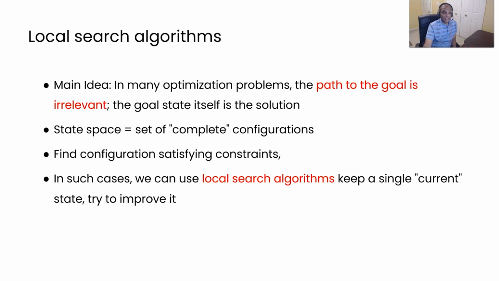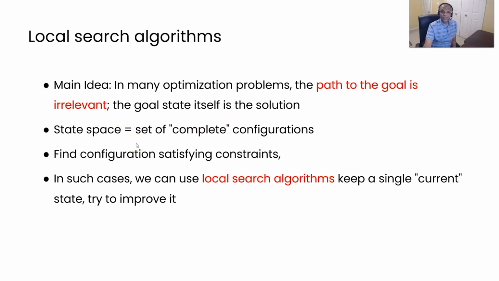In contrast, there are many problems where the path does not matter. It only matters that you reach the goal state. In those cases, local search algorithms are much more appropriate because they are much faster. As I say here, the path to the goal is irrelevant. The goal itself is the solution.